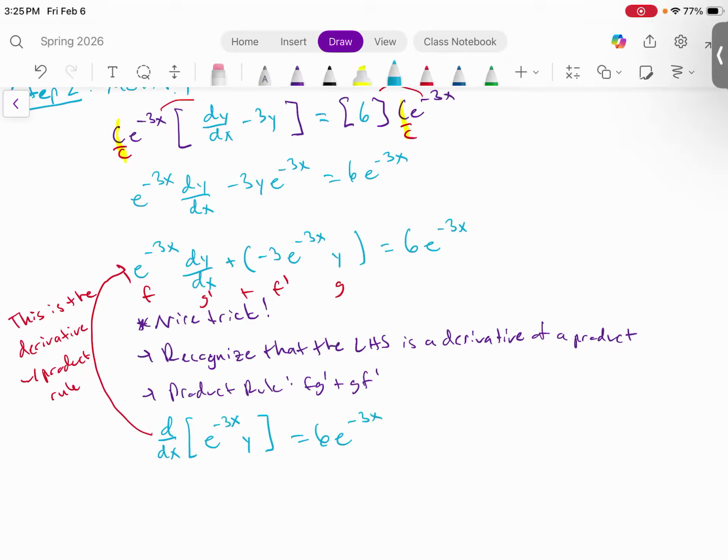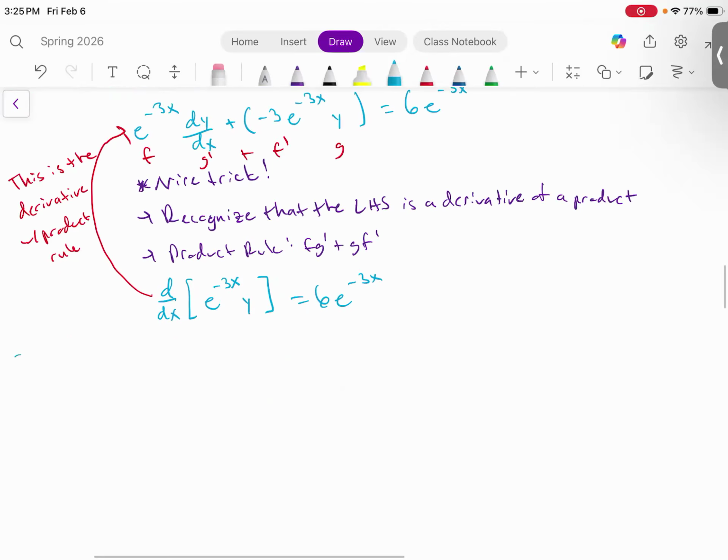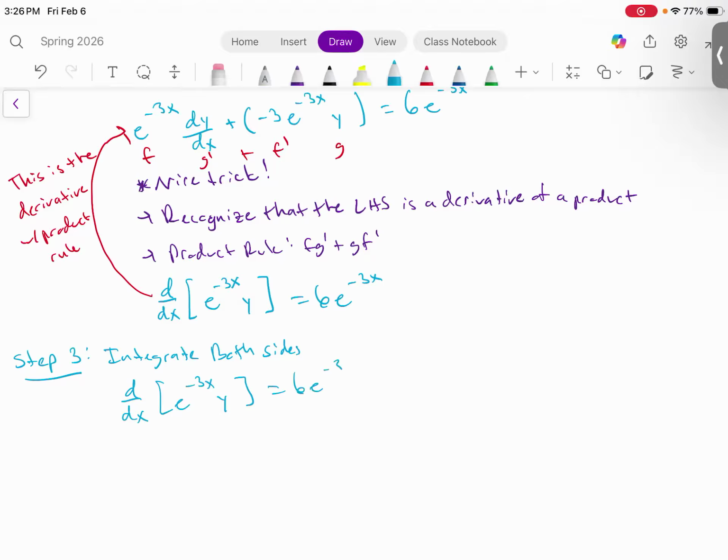But step 3 now, we want to integrate both sides. So here I have d over dx of e to negative 3x y equals 6e to negative 3x. And so I want to integrate both sides.